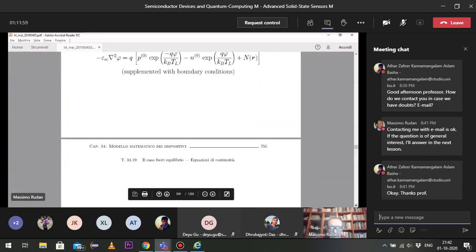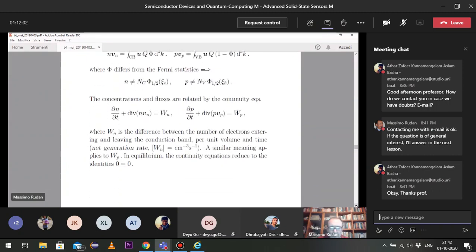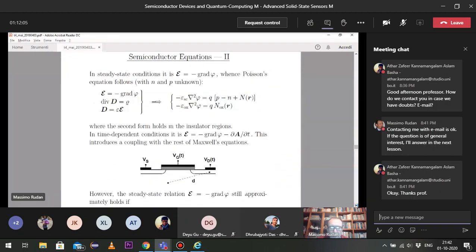In the non-equilibrium condition, also the concentrations are unknown, but if you are in steady state, you have the Poisson equation, which should be written, as you can see in the first line of this parenthesis, that is minus permittivity times the Laplacian of the electric potential is equal to the charge density, and the charge density is Q times P minus N plus the net dopant concentration, okay?